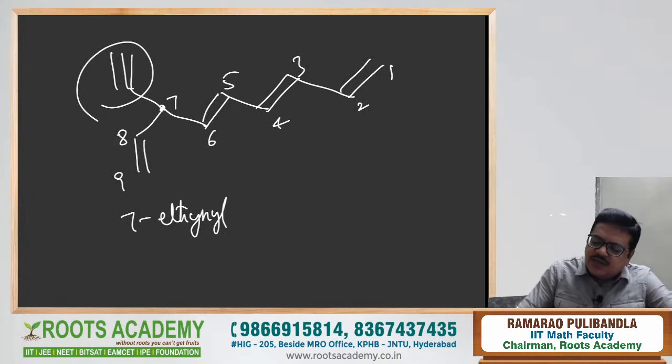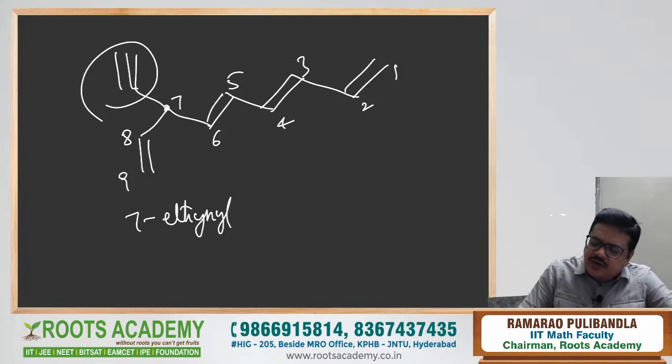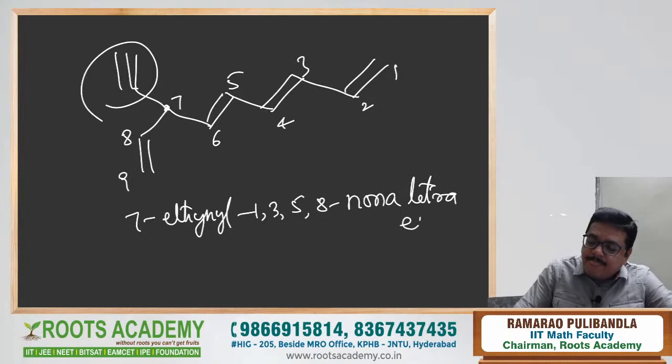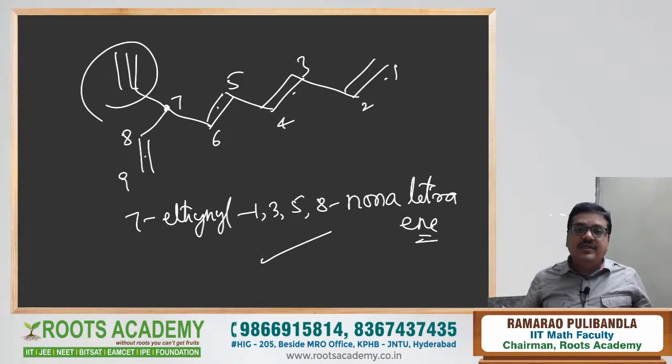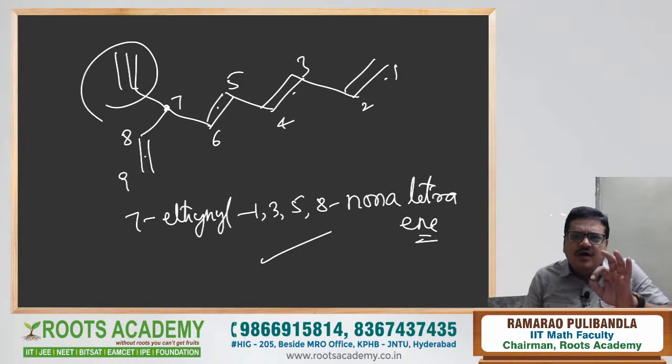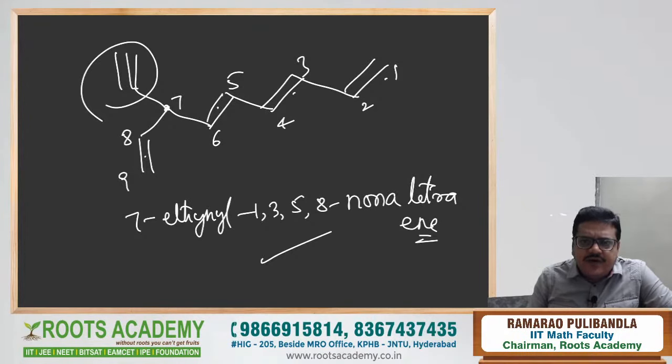How many carbons are there? 9 carbons, right? 1, 3, 5, 8 nona-tetraene. Tetraene, 1, 2, 3, 4. This is another kind of naming. Like that, we can write the IUPAC namings of organic compounds. Functional group priority: if more than one functional group is there, we discussed the order. Based on the order, we can write namings.